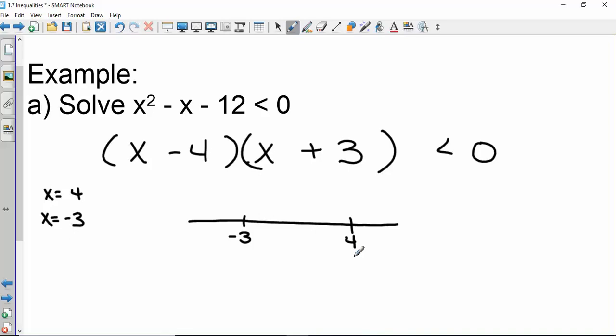If you remember something about quadratics, what's the graph of a quadratic look like? It's a U, right? As long as the x squared is positive, then it's just a normal looking U. What happens if it's a negative x squared? Flips it upside down. Now, worst case scenario, you can't remember what this graph is going to look like. What are you going to do?